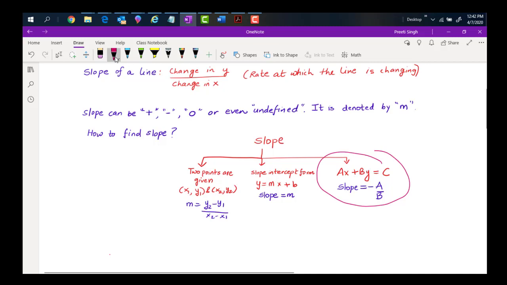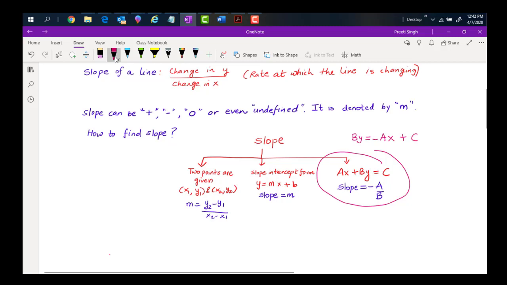If I change it to the slope intercept form, which is y equals mx plus b, I have to solve it for y. So by equals c, subtracting ax on both sides, moving ax to the other side.